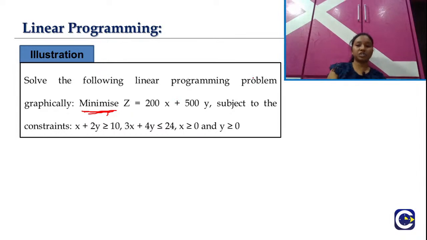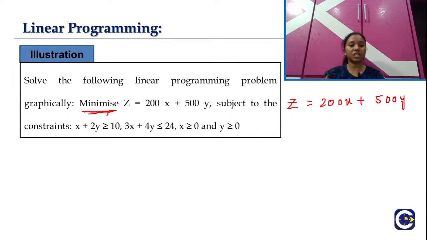So the objective function which is given here is z = 200x + 500y. This objective function is subject to the constraints which are mentioned here.